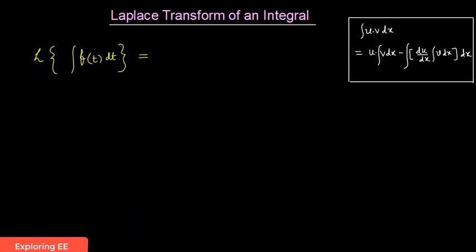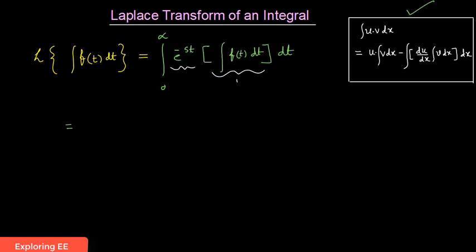Next, Laplace transform of an integral of a function. By definition, you can write it is 0 to infinity e to the power minus st into the integral of f(t) dt into dt. Integrating by parts, e to the power minus st by minus s into integration of f(t) dt.